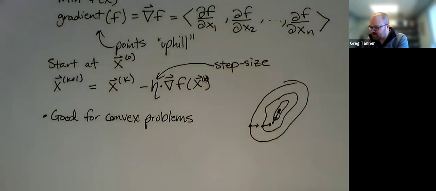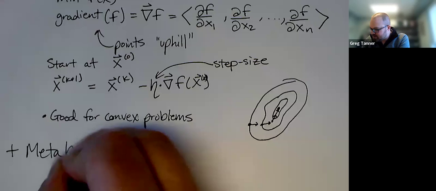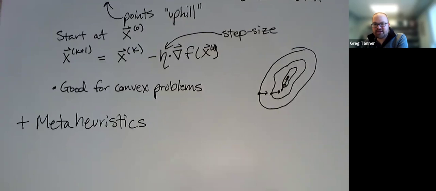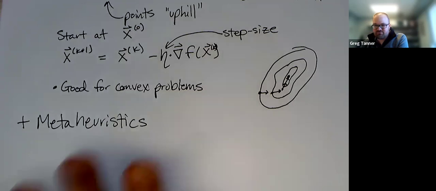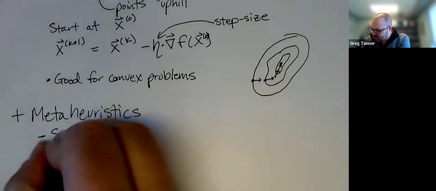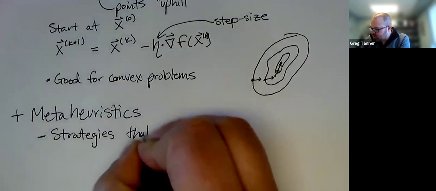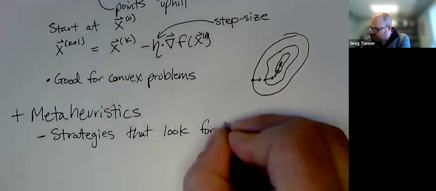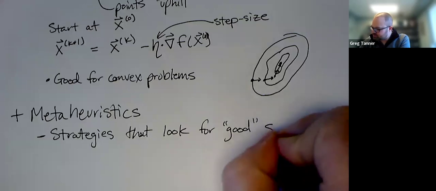And then the last thing that I'll mention is what are called meta-heuristics. These are less of a specific strategy and more of a general strategy. These are strategies that look for what I'll call good, but maybe not best solutions.